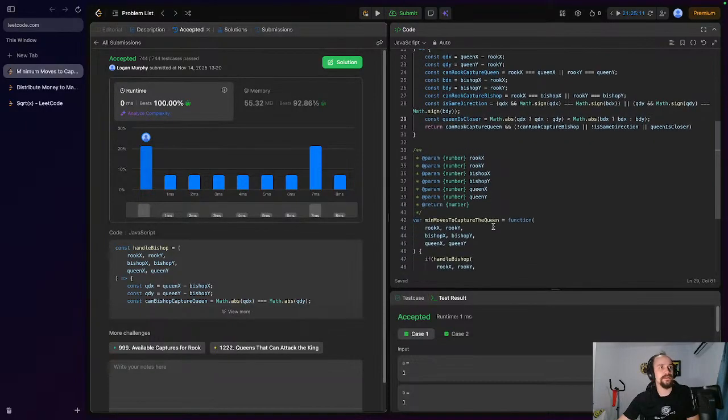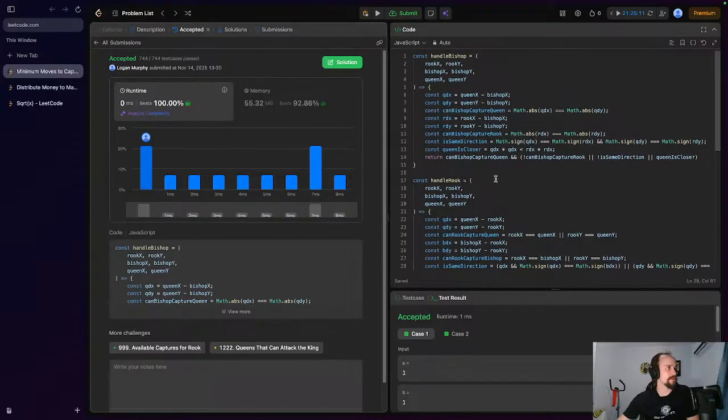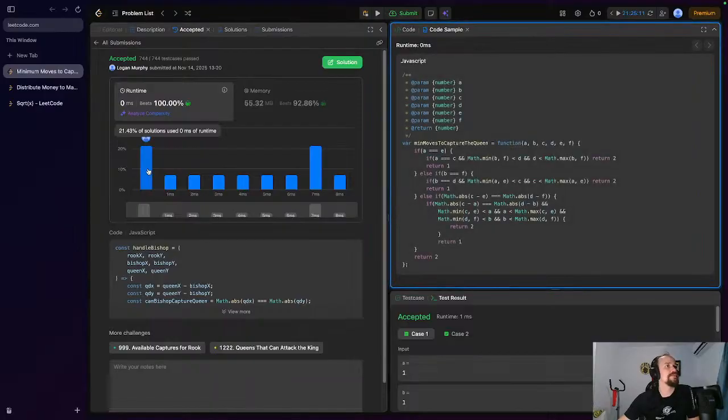The memory is linear and the runtime is linear. I am curious to see if there's better math solutions than the one. Wow. They just completely golfed. They golfed very hard here.